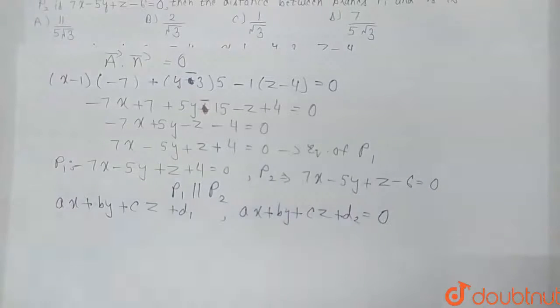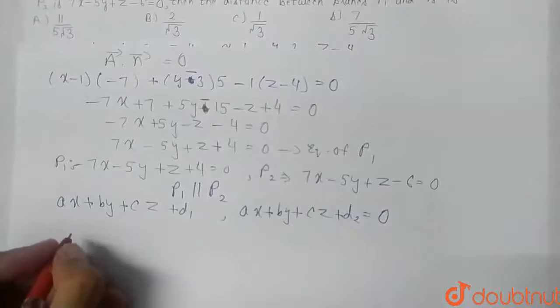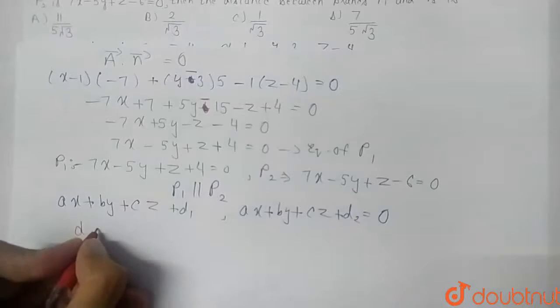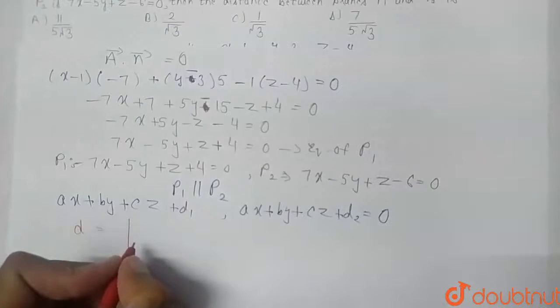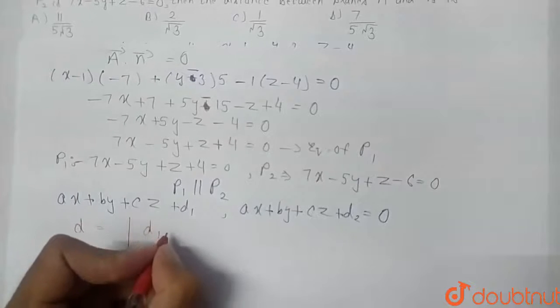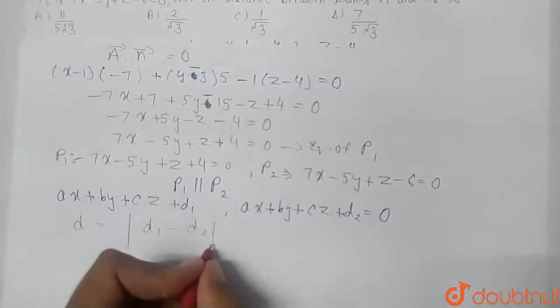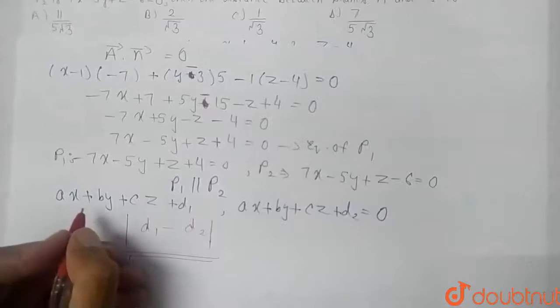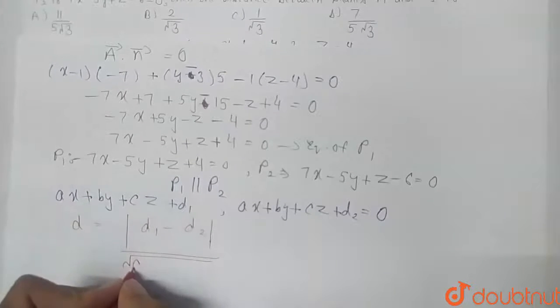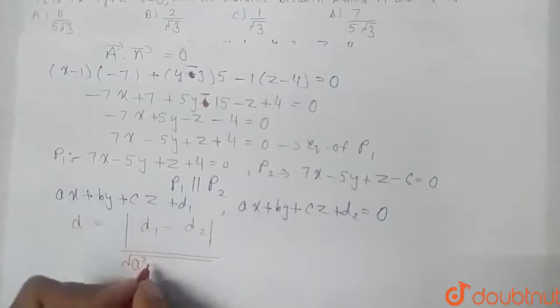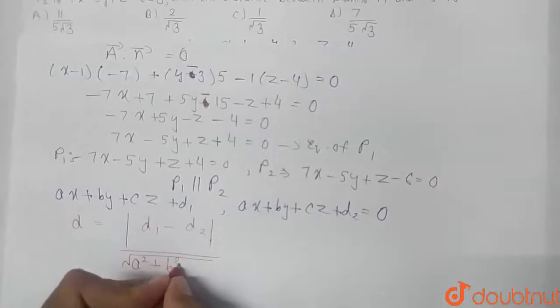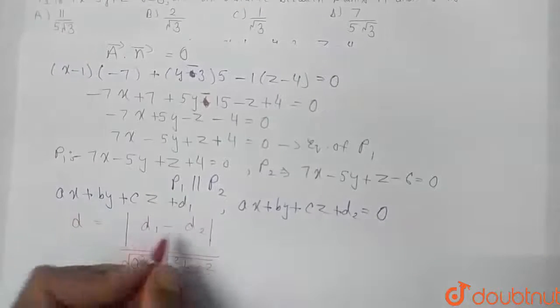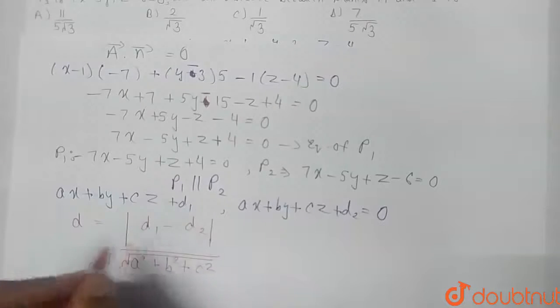From here we have the distance formula: d equals mod of d1 minus d2 divided by the square root of a square plus b square plus c square. So this is the direct formula for finding the distance between two planes.